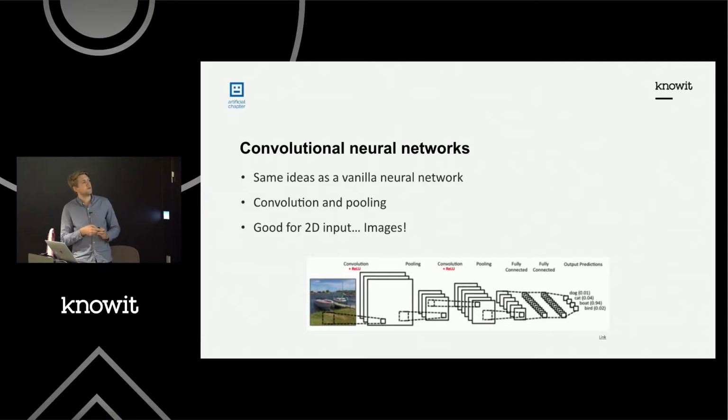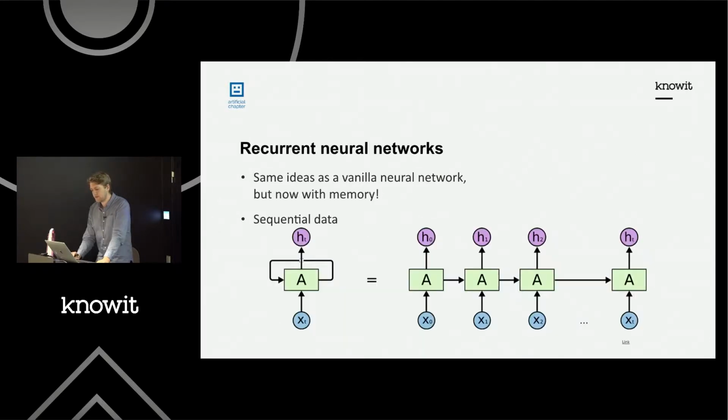So when it loops over and it's right here, it's probably going to figure out that there's a boat in this image. And then you take it deeper and deeper, and then it outputs that there's probably a boat here. Convolution is good for 2D input, and images are 2D input. So that's why it's often used for that.